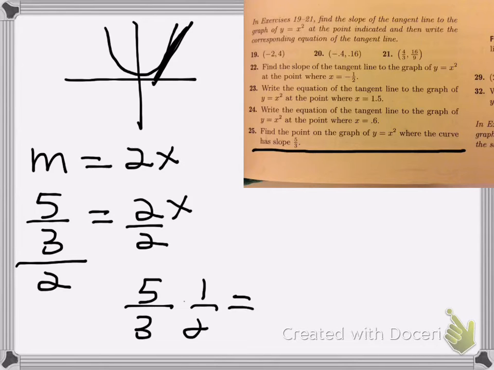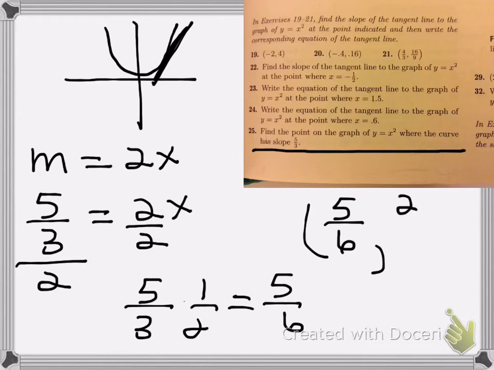So I get an x value of 5/6. If 5/6 is my x value, what's my y value? Well, the y value is the x value squared, so that's going to be 25/36, and that's the point that I'm looking for. All right, let's go on to other problems on the next slide.